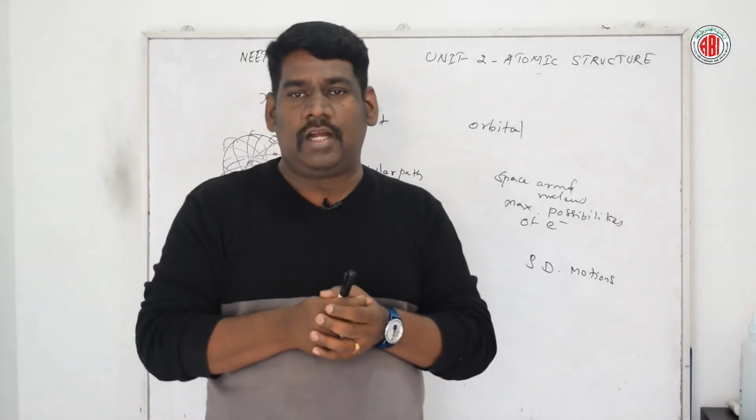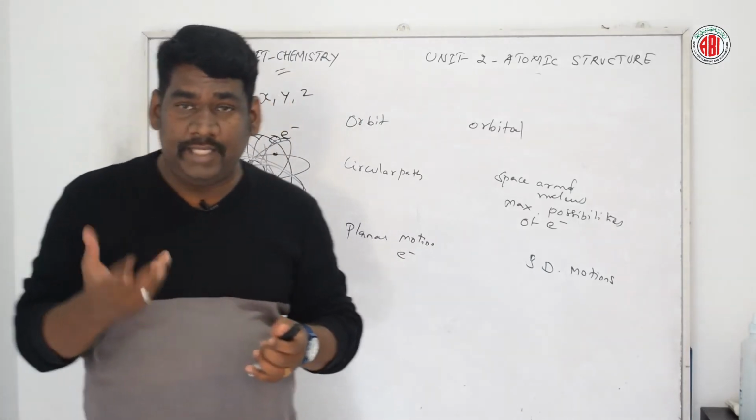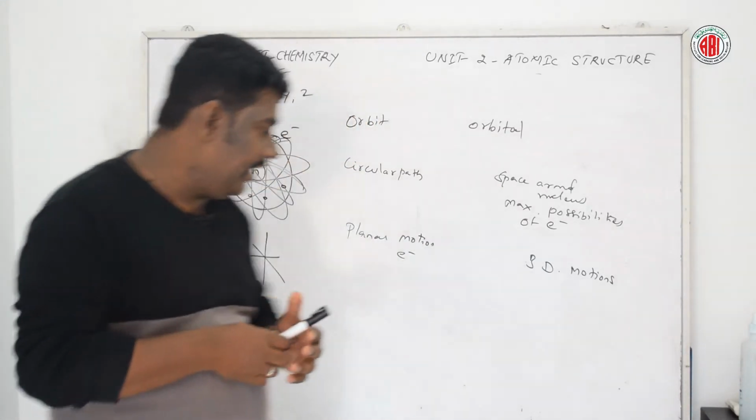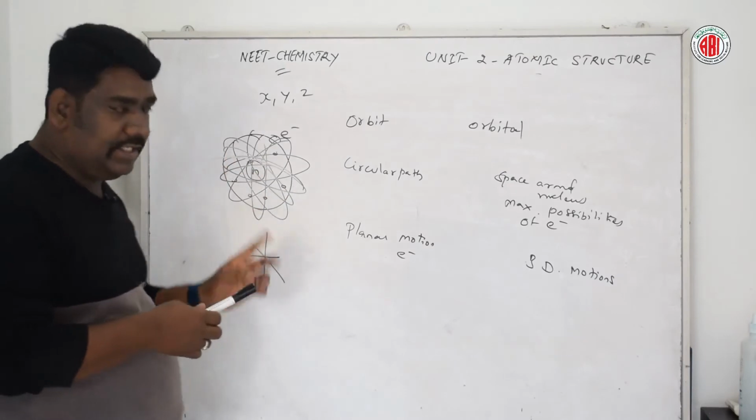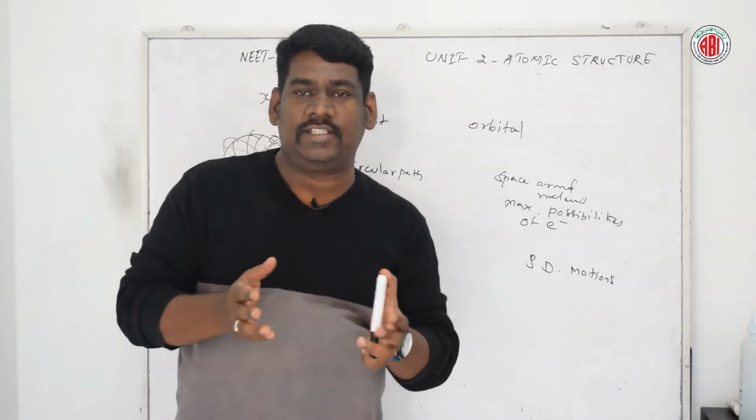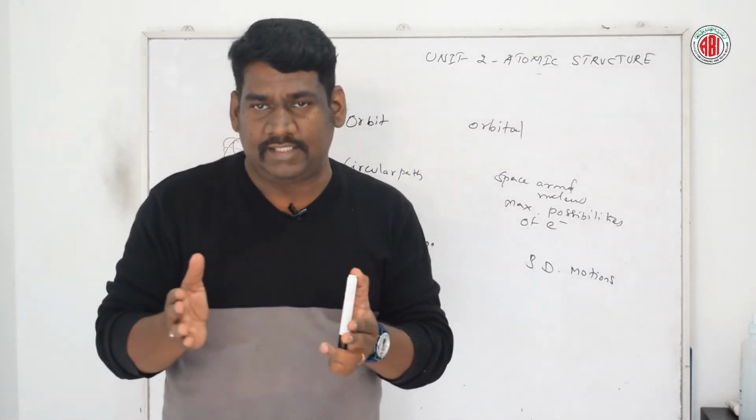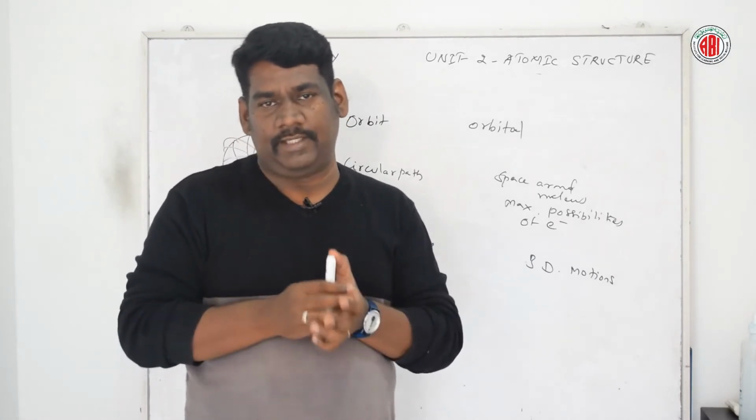According to this concept, the electron may be anywhere in the region around the nucleus, and this concept is in accordance with the uncertainty principle.